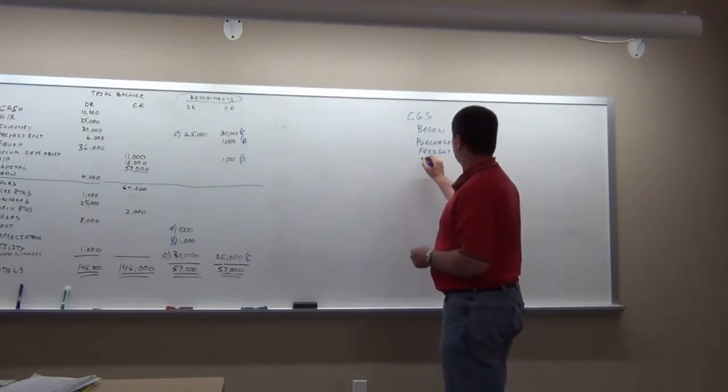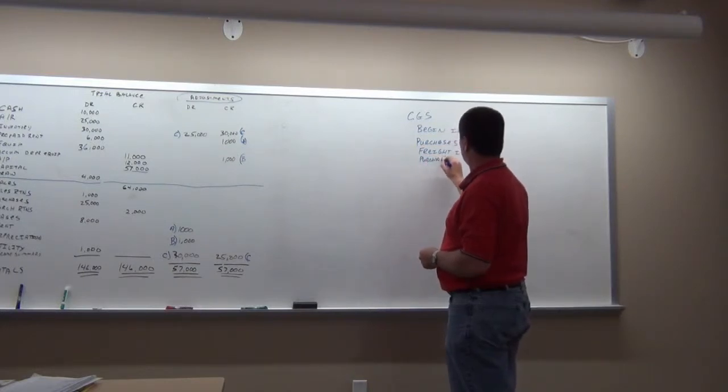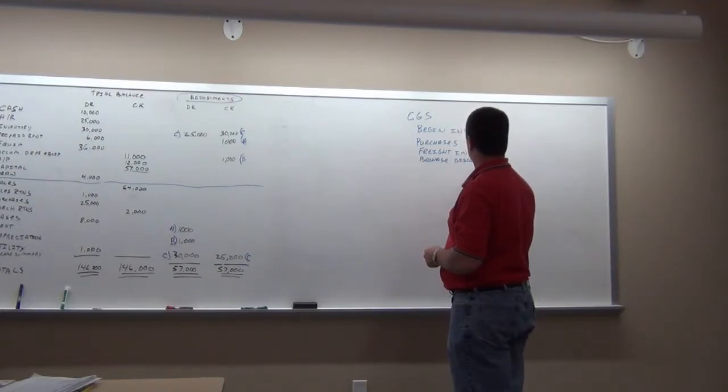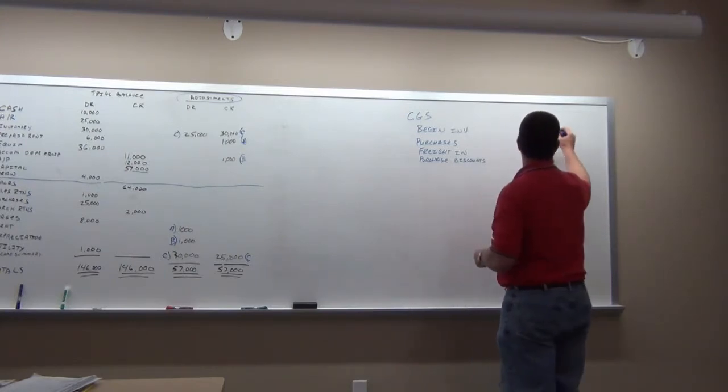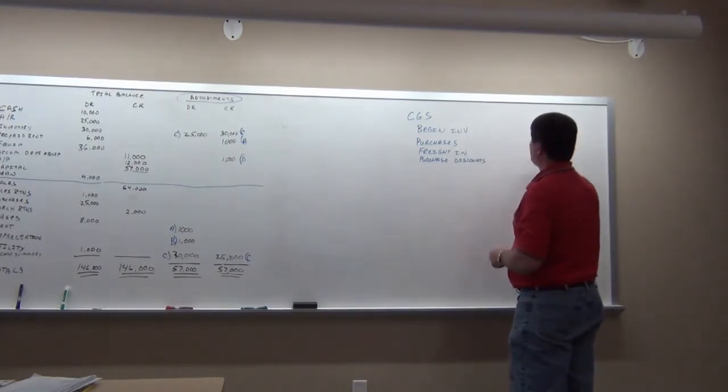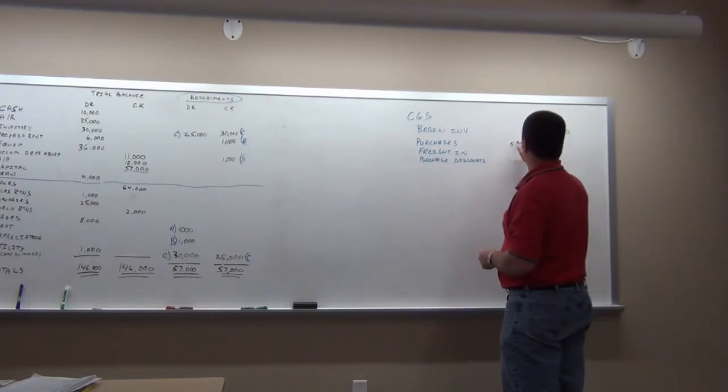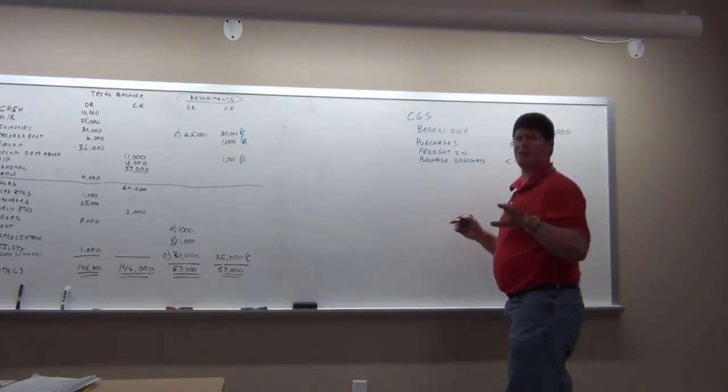You could have purchase discounts. I'm going to put numbers in here. Beginning inventory is 1,000. Purchases is 500. Freight in is 10. Discounts is 10. Makes my math easy.